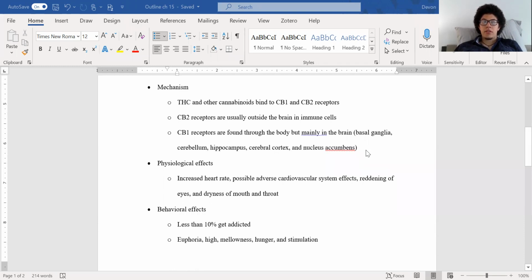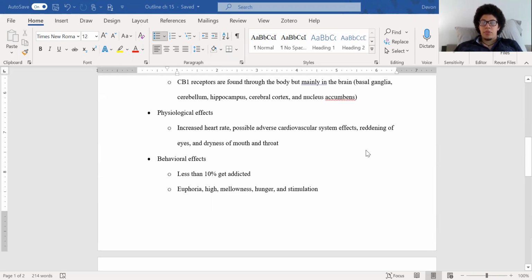Some increased physiological effects would be increased heart rate and possible adverse cardiovascular system effects, and reddening of eyes and dryness of mouth and throat. Some behavior effects: less than 10% of the people who use cannabinoids get addicted to it.